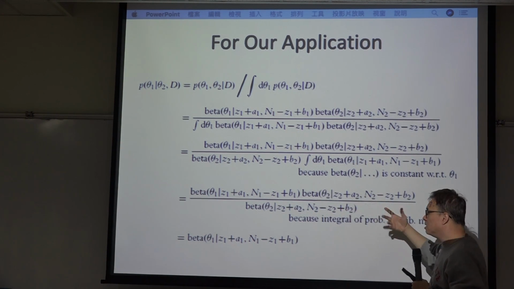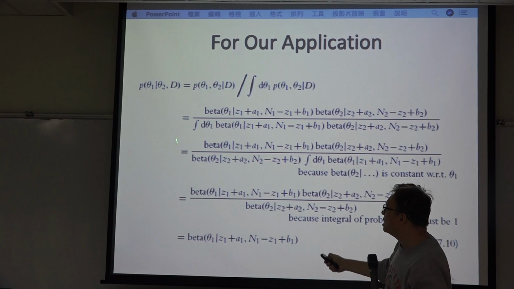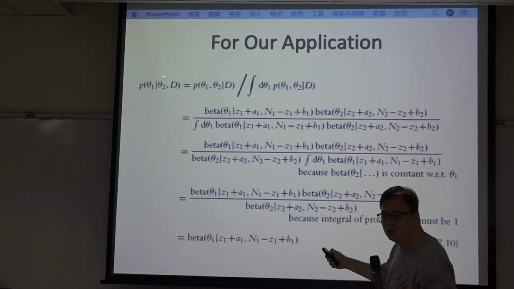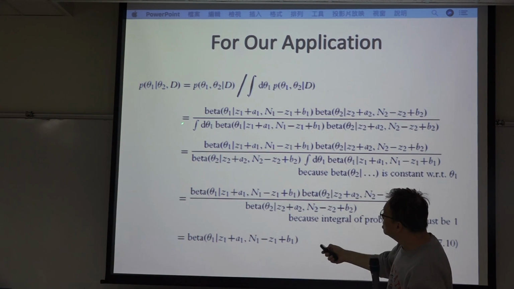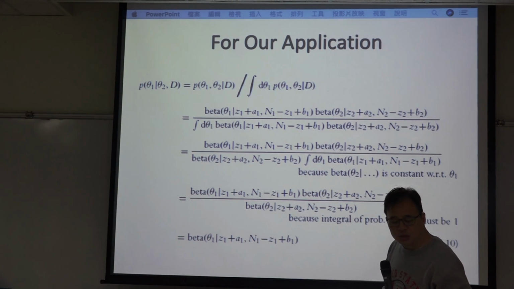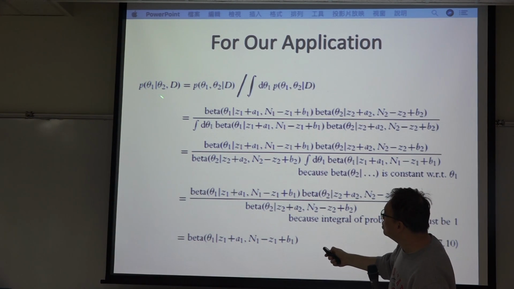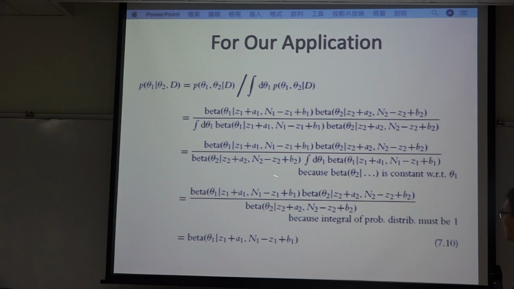Now, this one is a conditional probability distribution. It is a probability distribution, it's just that you fix theta 2. So when you do the integration on theta 1, this thing is going to become 1.